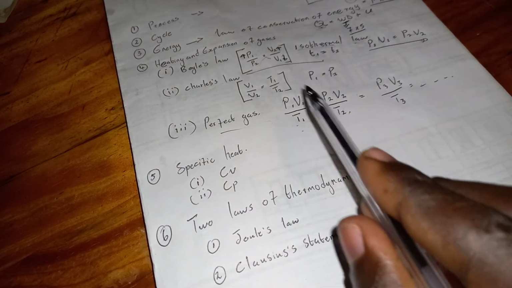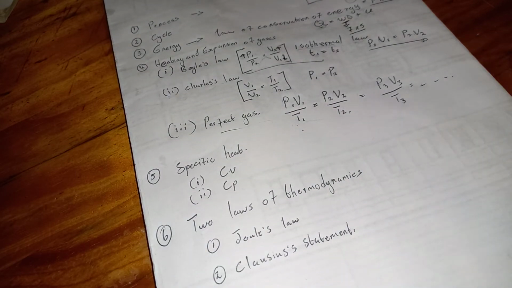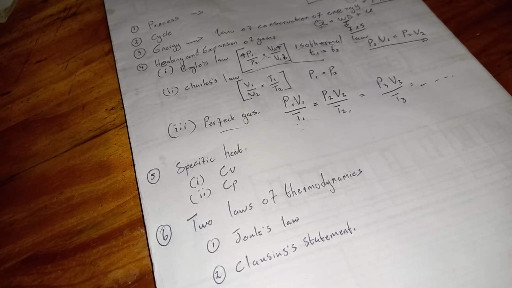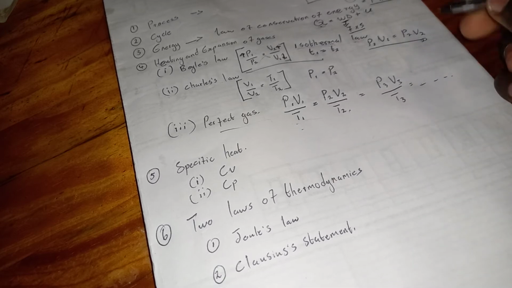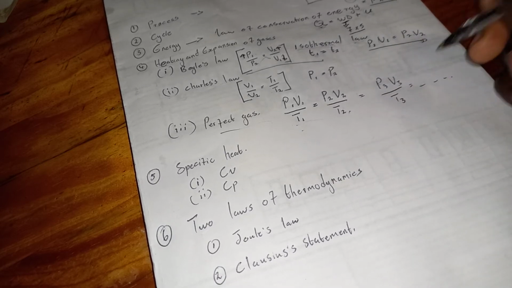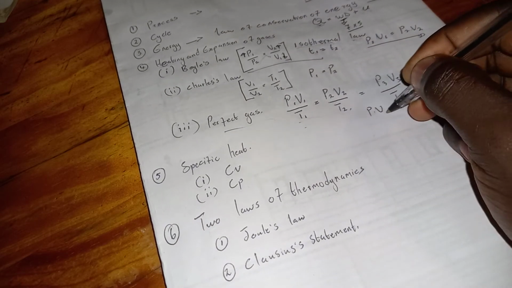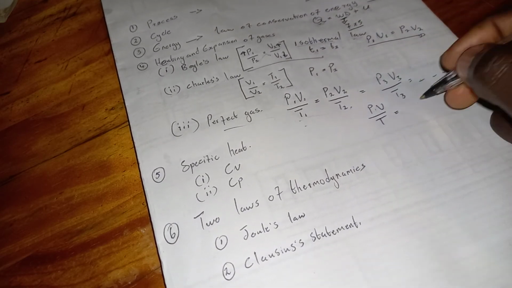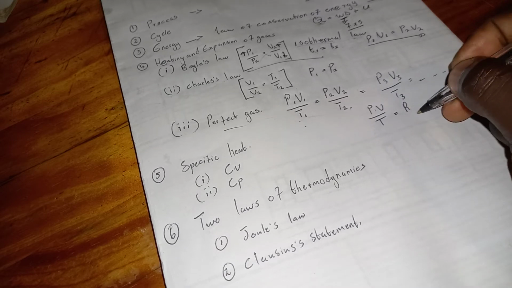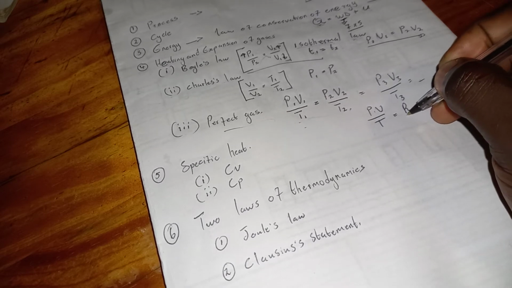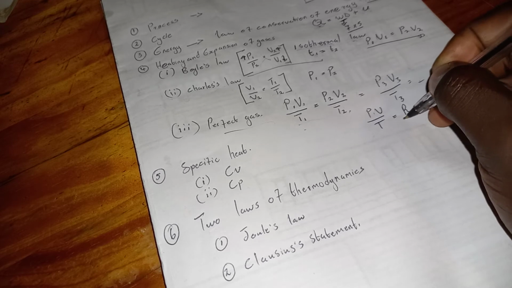That means you can move from 1, 2, 3, 4 up to your suitable final state. So we can then say this PV over T is equal to a constant. This constant is the characteristic of the gas.